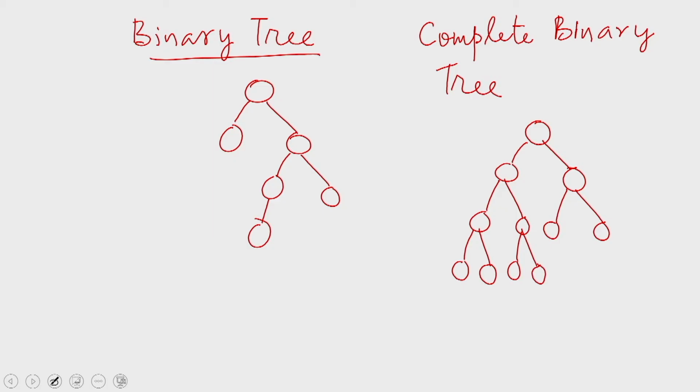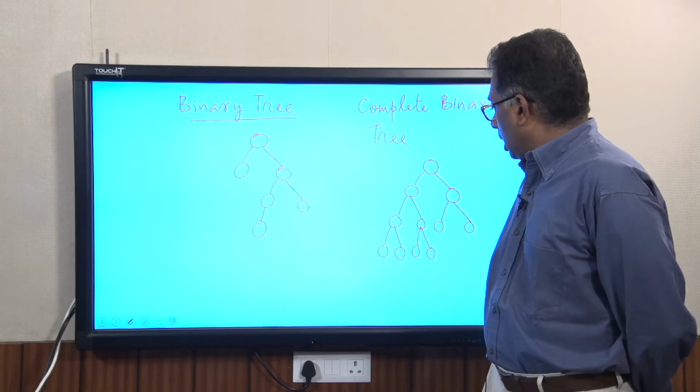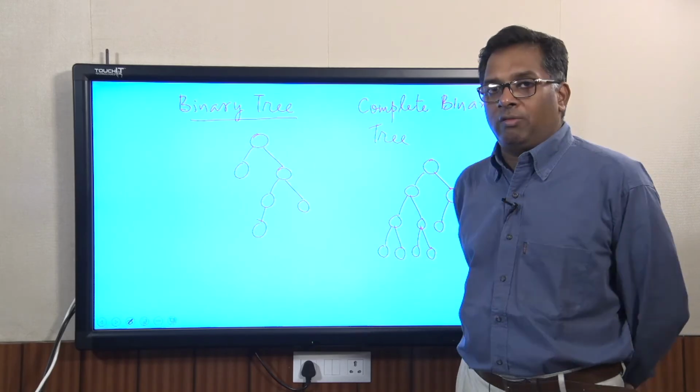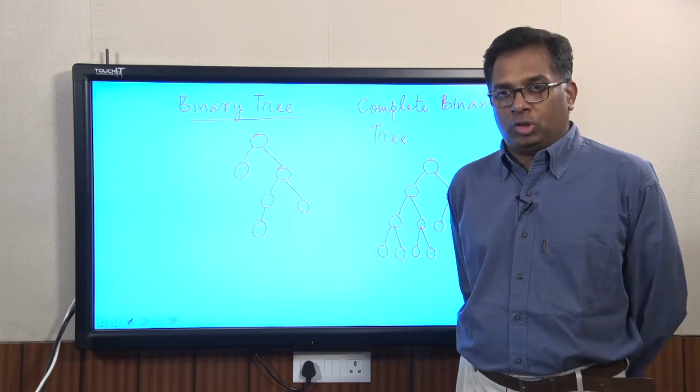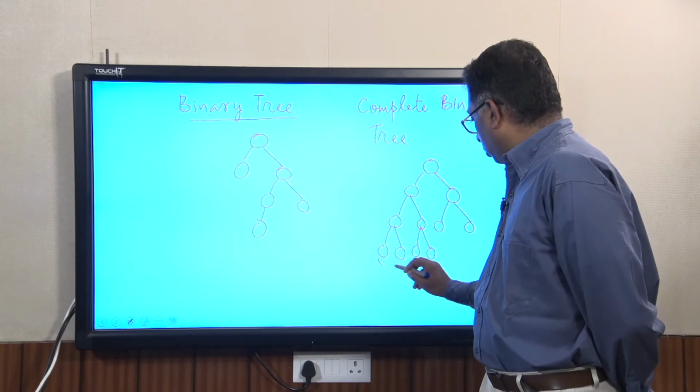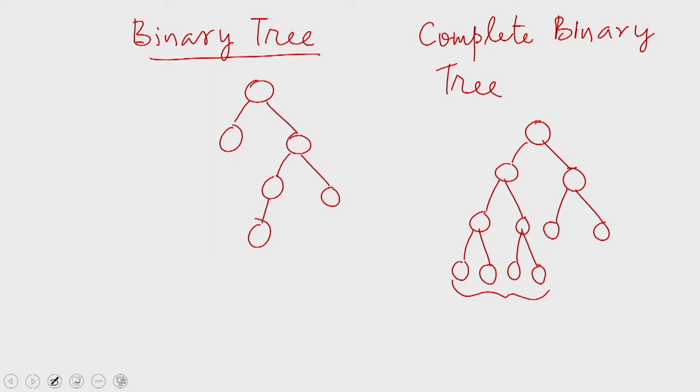So, this is a complete binary tree. This tree has 4 levels. The first, second and third levels are full. A level is full if every possible node is present at that level, and in the bottommost level all the present nodes occupy the leftmost positions. These 4 nodes occupy the leftmost possible 4 positions. Such a tree is called a complete binary tree.